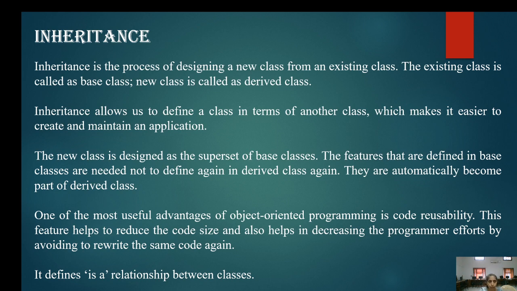Here we can define some basic classes, and then other new classes which can use the features of already existing base classes can be defined. These new classes are known as derived classes, and sometimes we also call them children classes, while the base classes are known as parent classes.